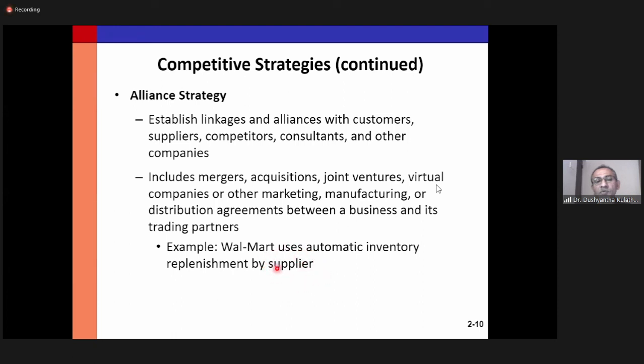But importantly here, the supplier doesn't have to wait till the purchase order comes to them. Suppliers have been given the opportunity to connect to Walmart's intranet and to their inventory system, and they have been given the responsibility of monitoring the inventory level changes by themselves.